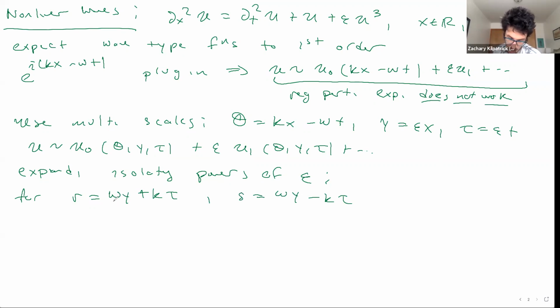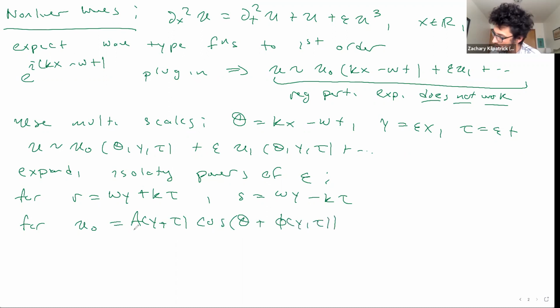We find that u0 is equal to A(y, τ) cosine(θ + φ(y, τ)). And we have this amplitude, and we have a phase.